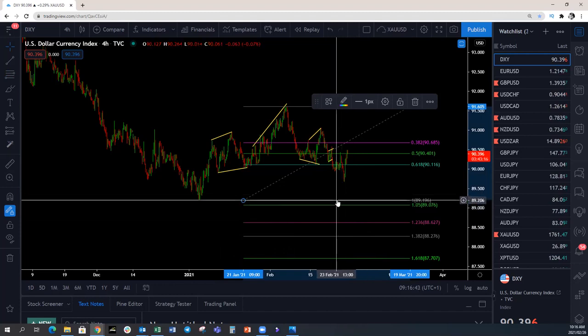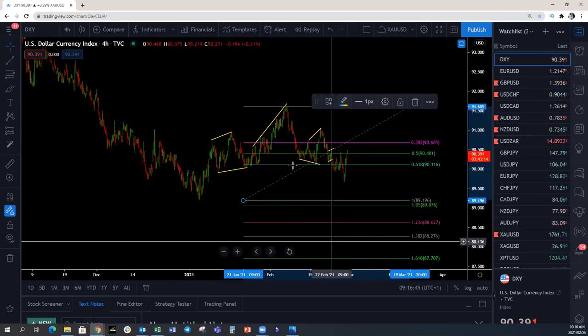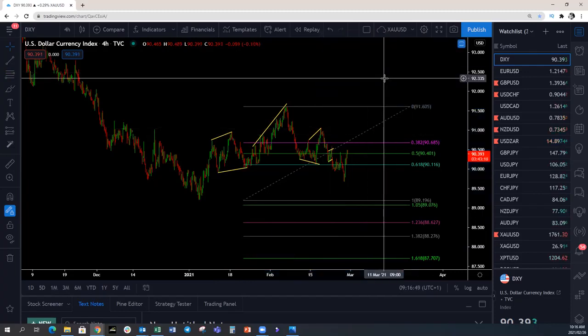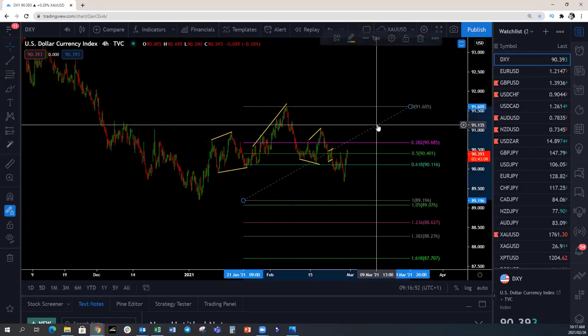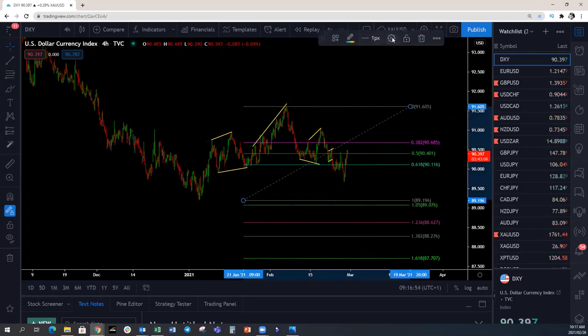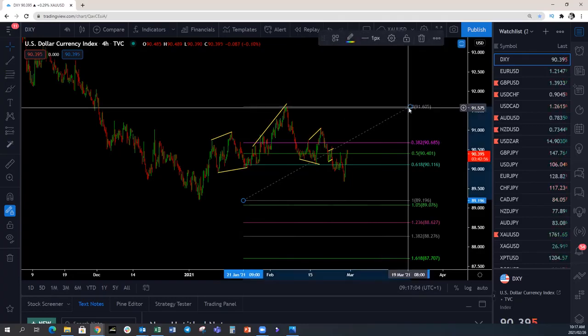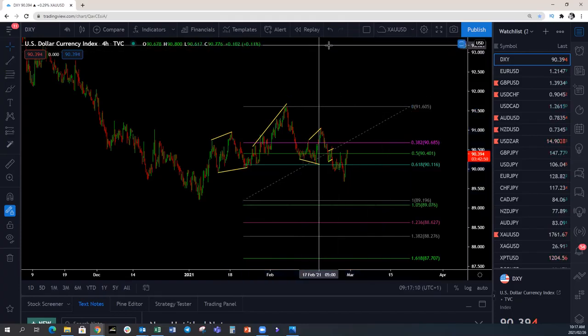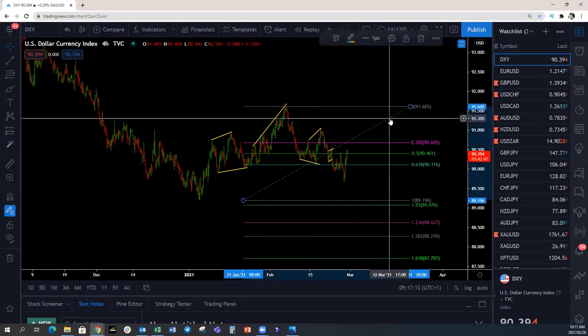Let's switch off some of the levels. How do we do the settings now? I'm trying to set. This is new. I've never seen this before on TradingView.